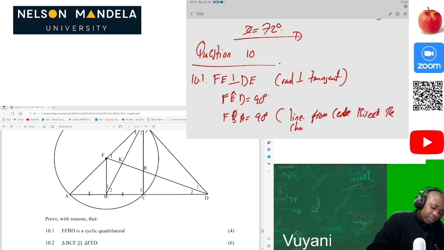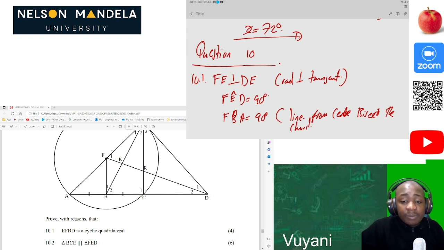As you can see, AB is equal to BC. So a line from the center F that bisects the chord is also perpendicular, 90 degrees.